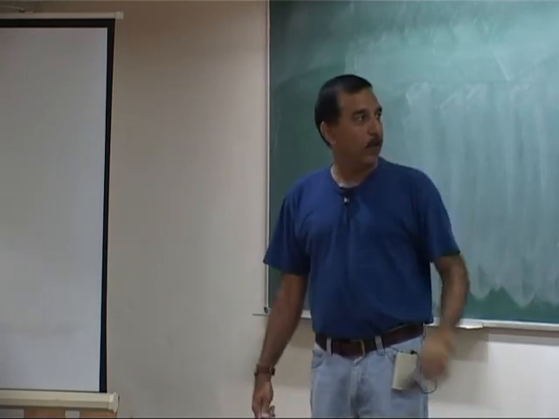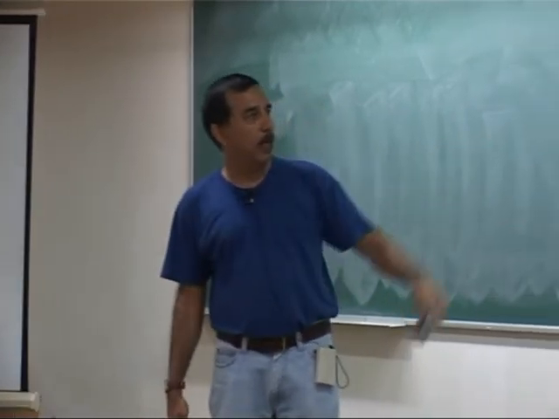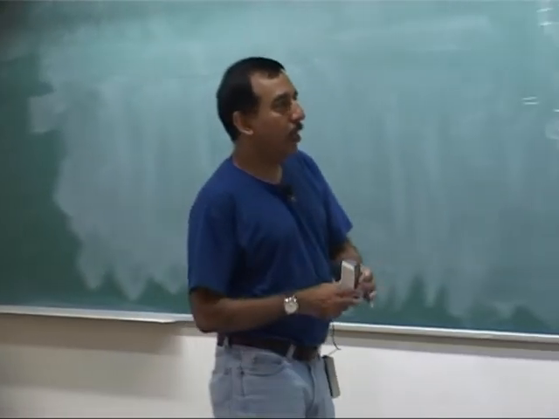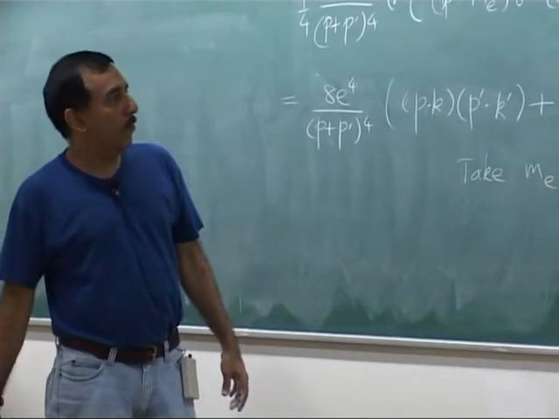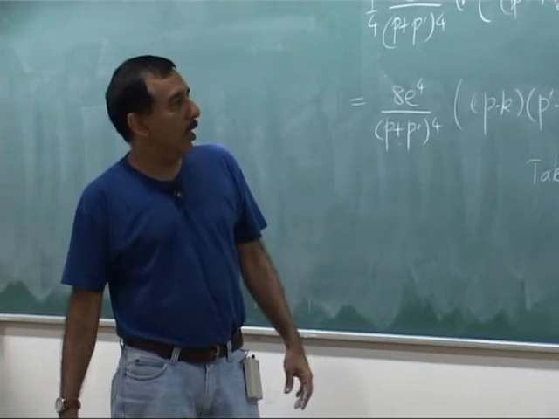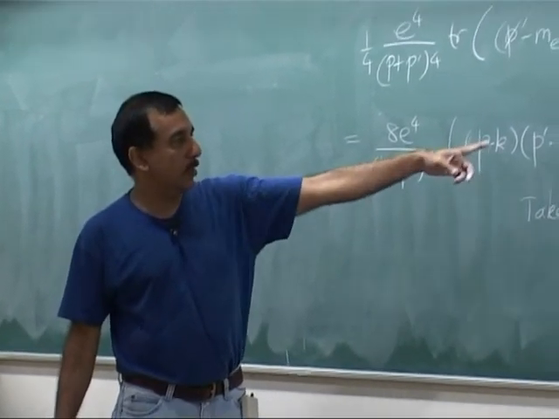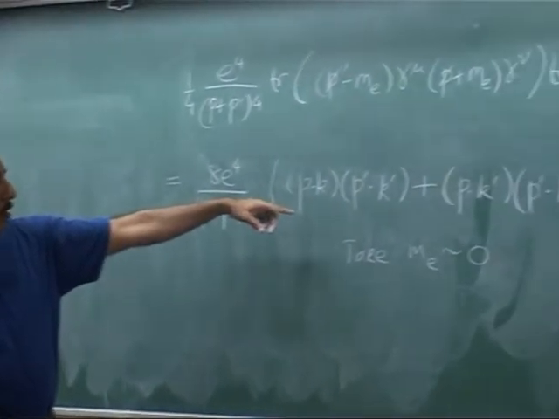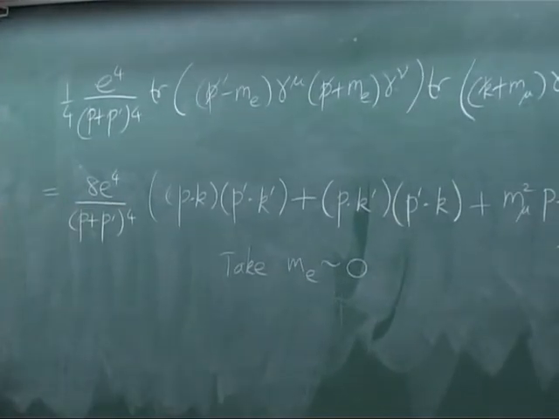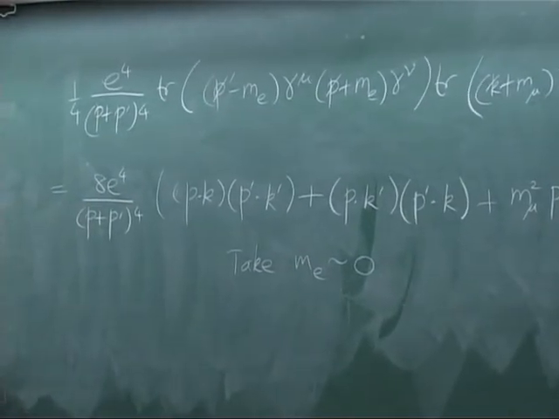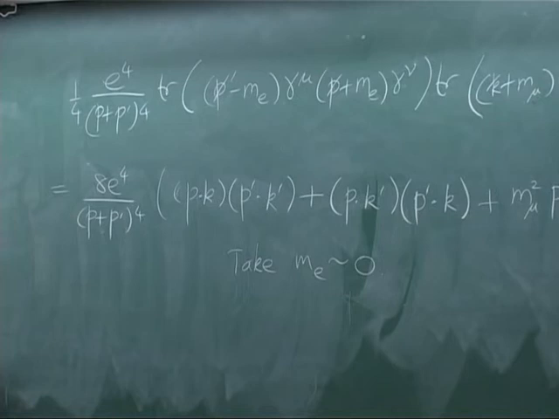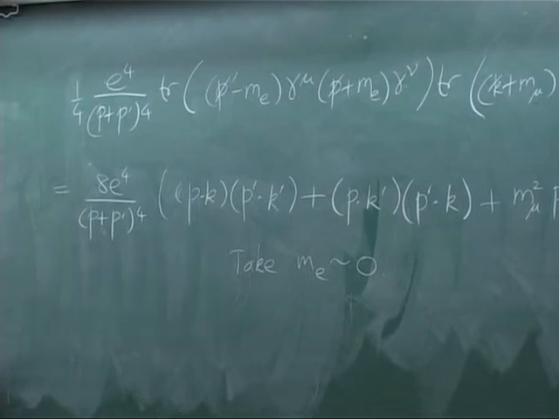Of course, it also depends on the external momenta. Actually I haven't thought through the whole thing, so let me not make any more comments. Let's think about it later. Okay, now this is as far as we can get without choosing a frame.